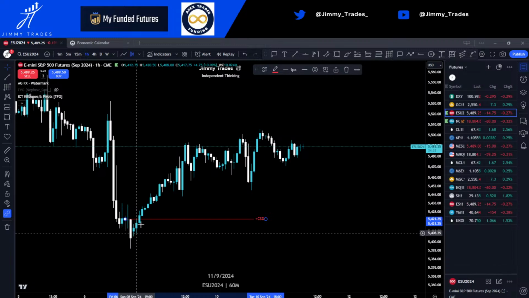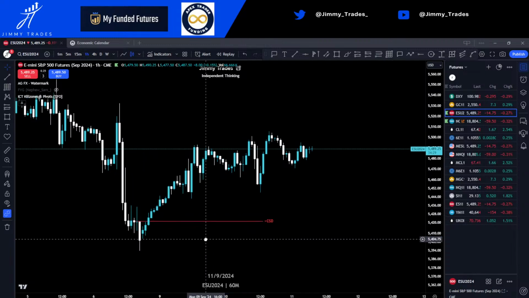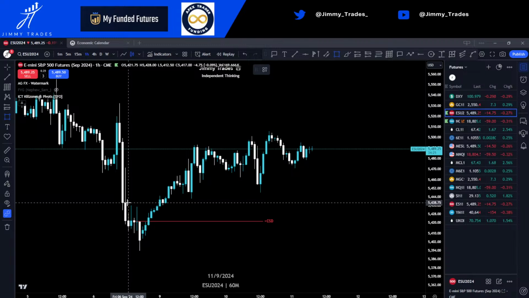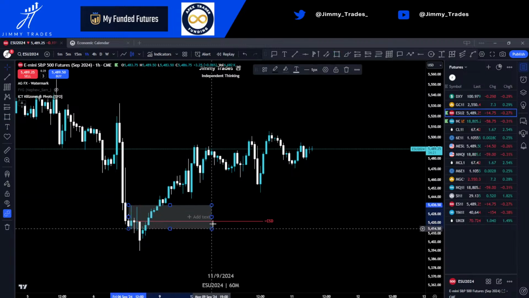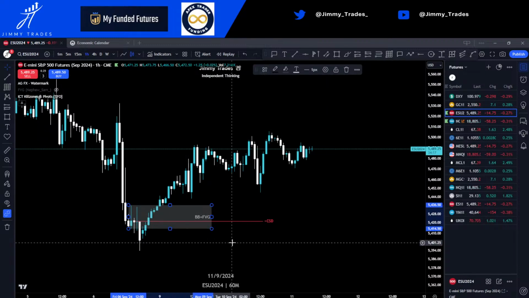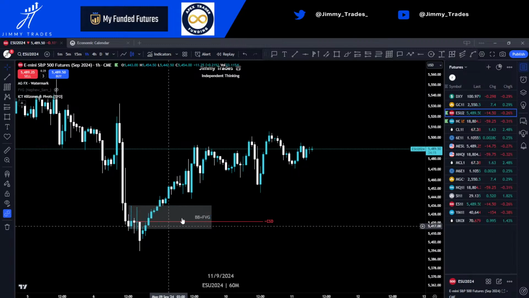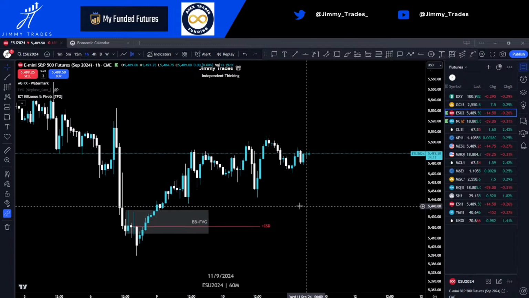We had a stop hunt, and then we had displacement back through, giving us our change in the state of delivery. And again, we have a bullish breaker here. So another hourly unicorn here on ES.